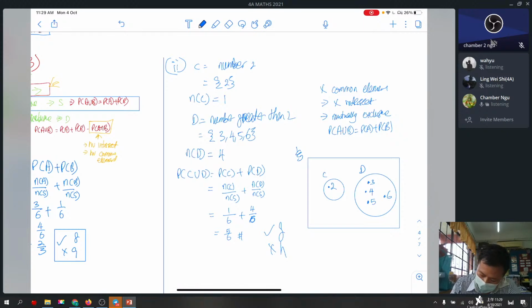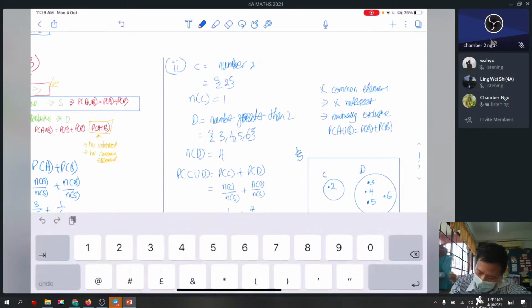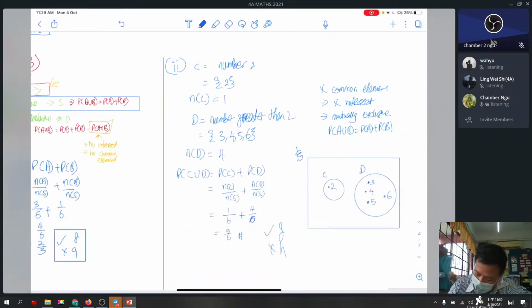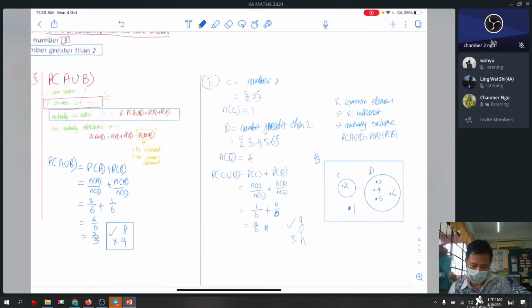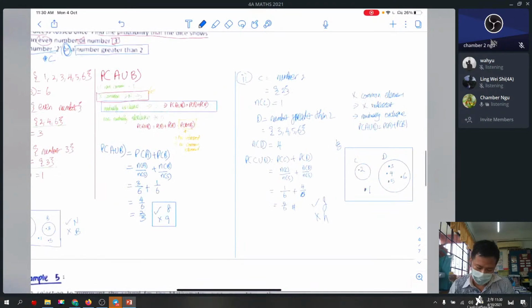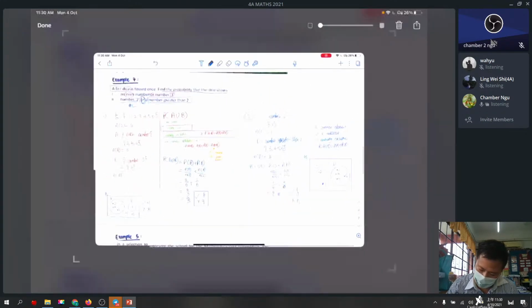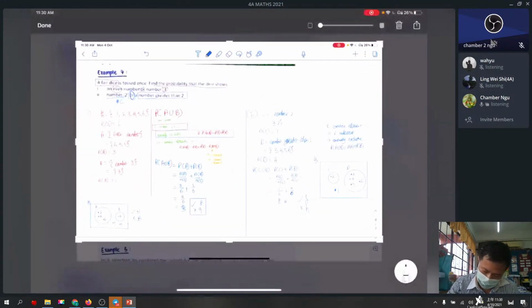So one more number is left. That is why if C union D, we take everything, we already have 1, 2, 3, 4, 5. 5 elements, but there were 6 elements. So another one is outside there. This is the Venn diagram, right? So I screenshot it for you.